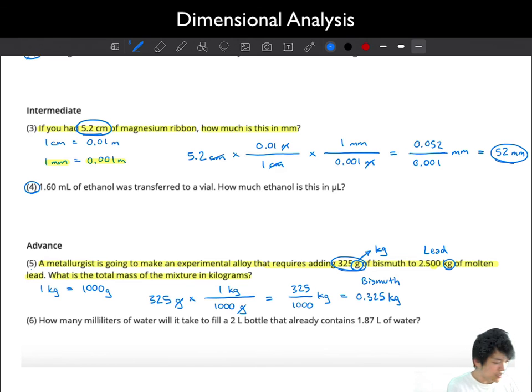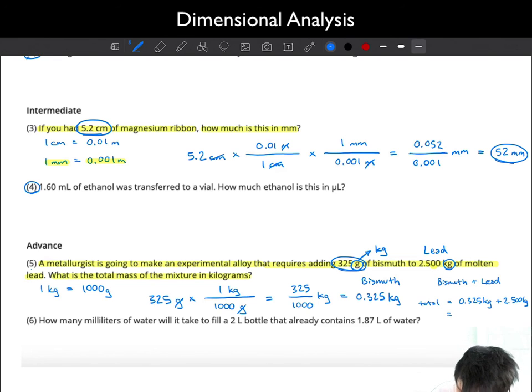Okay. And it wants to know what is the total mass of the mixture if you combine them in kilograms. So the bismuth plus the lead would be the total mass. Bismuth was 0.325, we just calculated it, and lead is 2.500 kilograms.